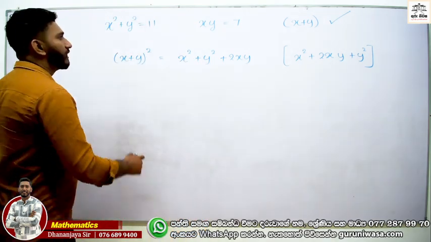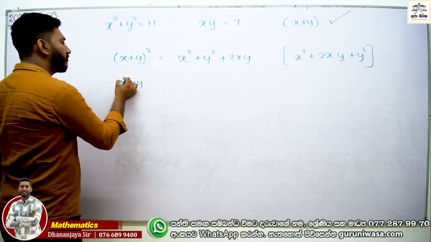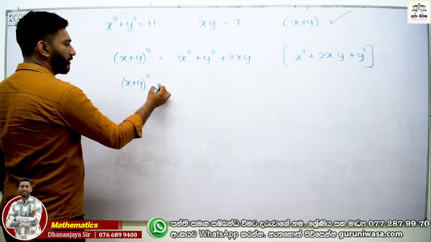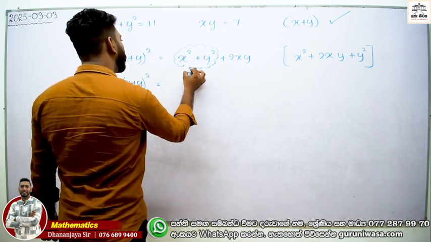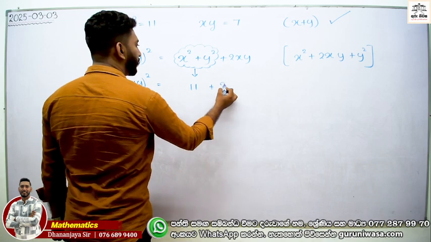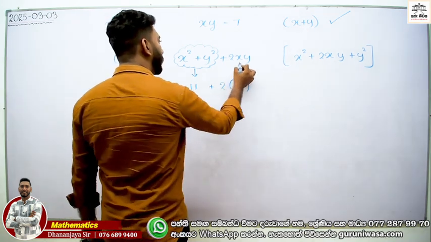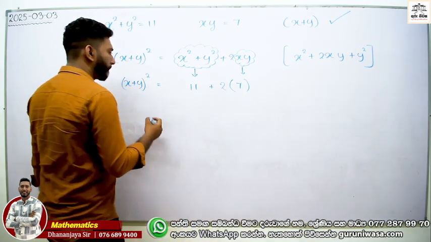Now look at this. X plus y, we don't know. We need to find it. And x squared plus y squared becomes 11. 11 plus 2 times xy. Xy becomes 7. Easy.